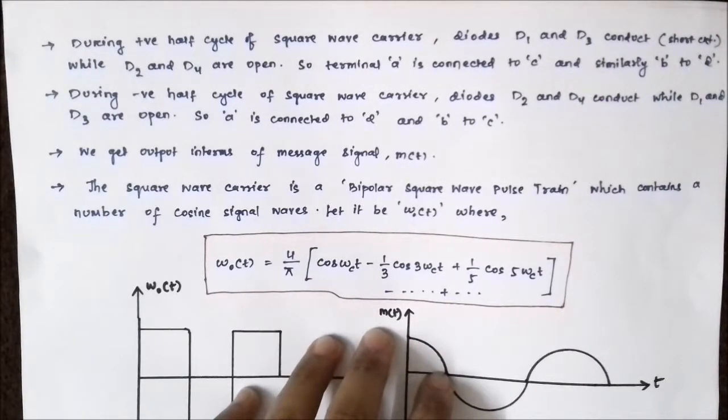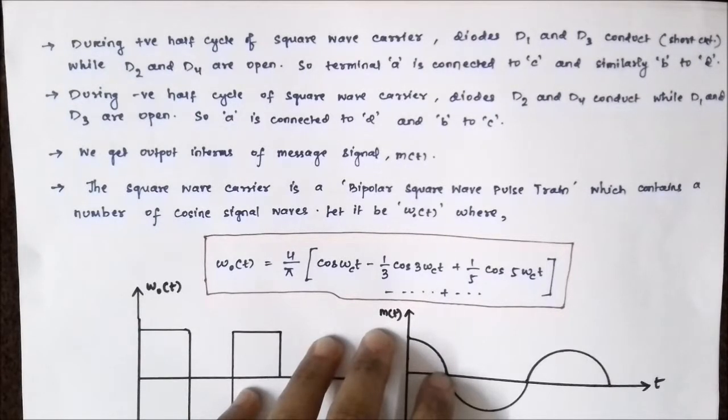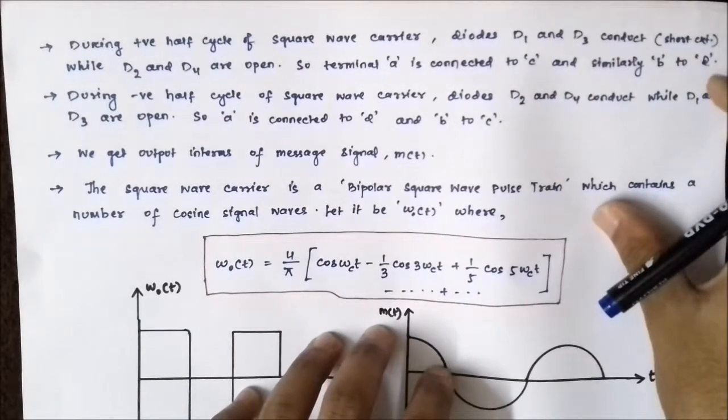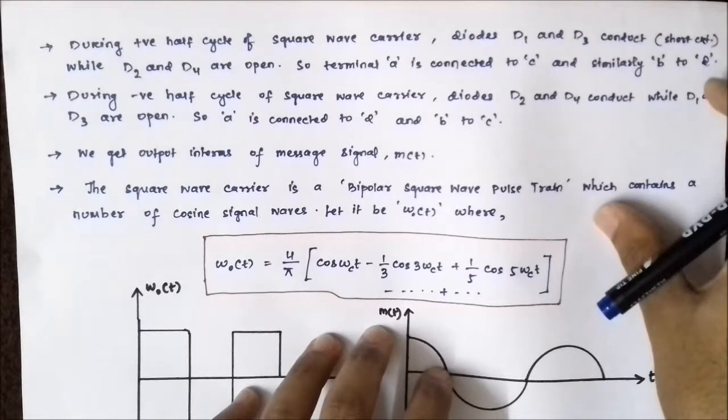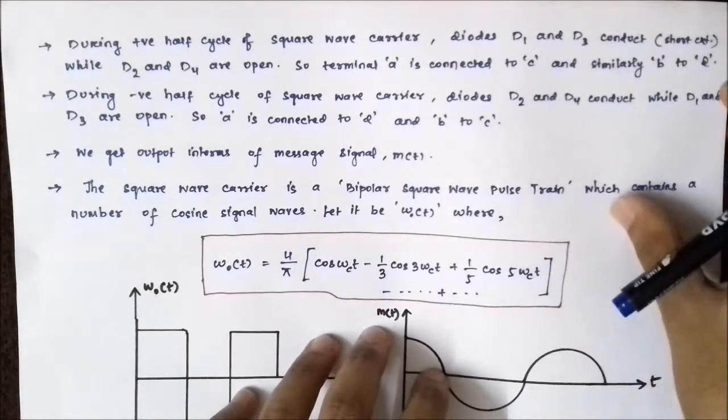It is because the positive end gets connected to the P of the diodes D1 and D3, while the negative end is connected to the N. As a result, the diodes D1 and D3 get forward biased and behave as short circuit, while the other two diodes D2 and D4 are reverse biased and get open circuited.